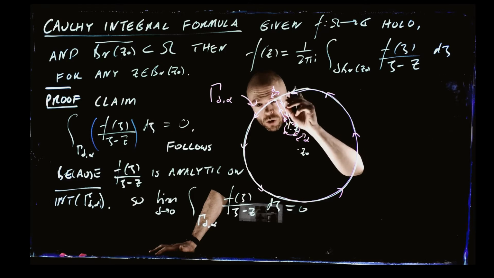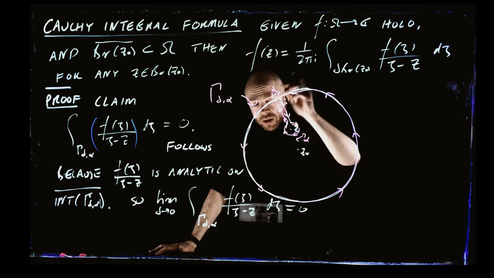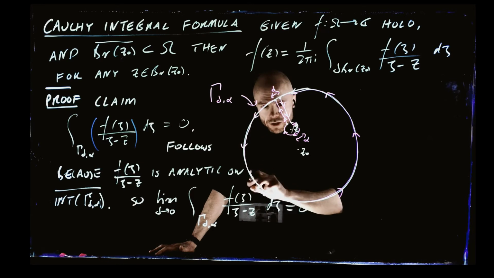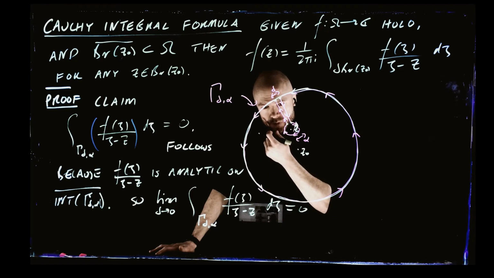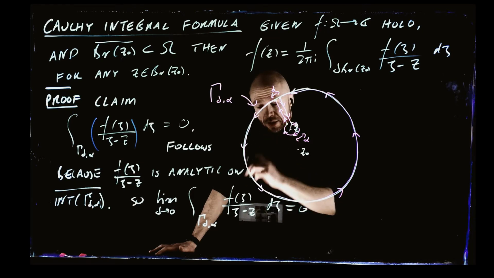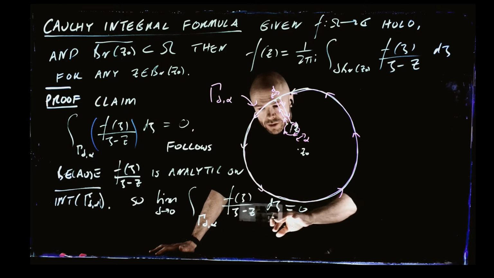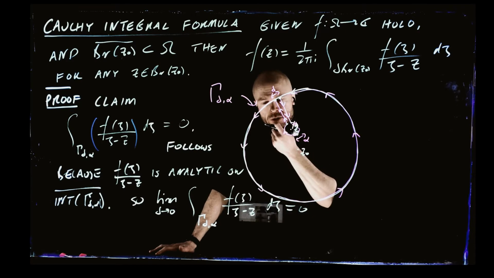It gets smaller as delta goes down to 0 because this expression here is continuous. Do you see what I mean? So in the limit, this entire thing will just reduce down to the integral of these two circles.